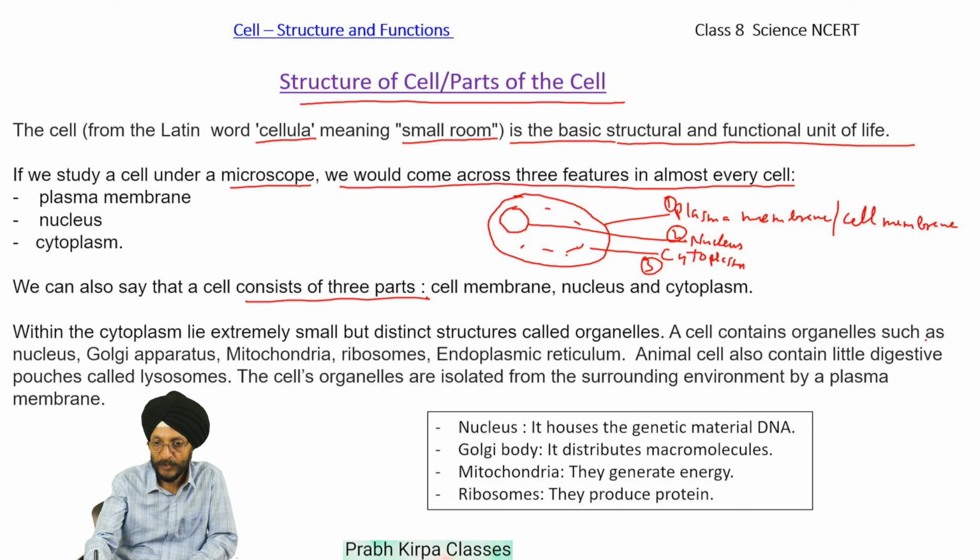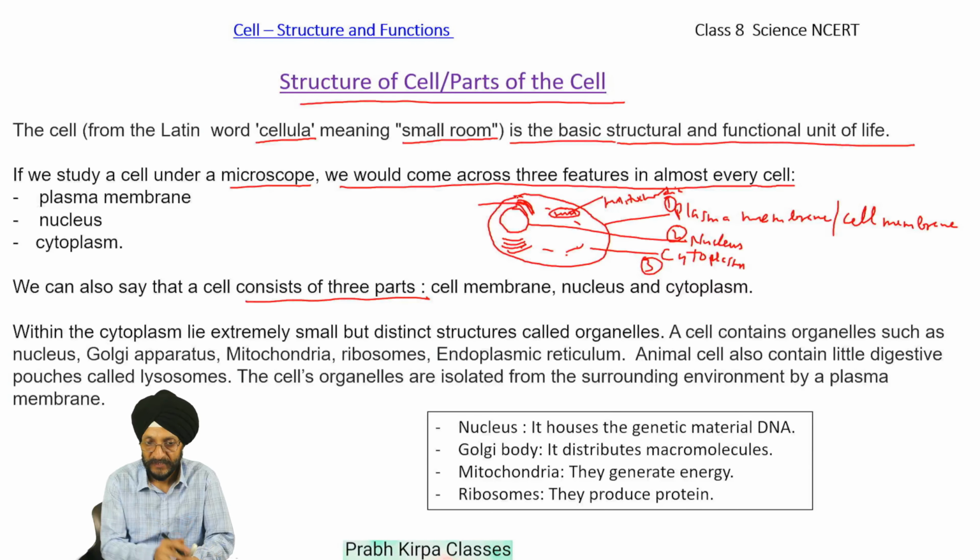A cell contains organelles such as nucleus, then there are bodies like Golgi apparatus, then there is another organelle which is known as mitochondria, then there are ribosomes which lie attached to the endoplasmic reticulum, or they may be floating in the cytoplasm, and there is also endoplasmic reticulum which is another organelle present in the cytoplasm.